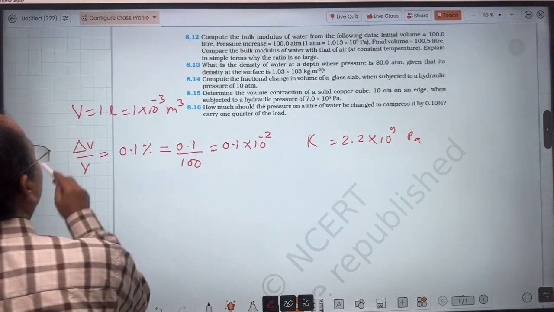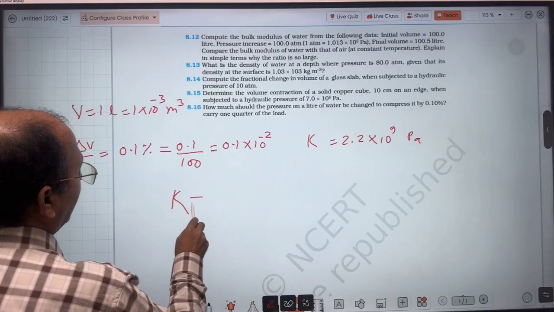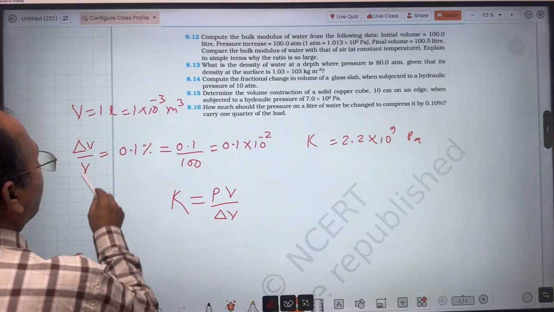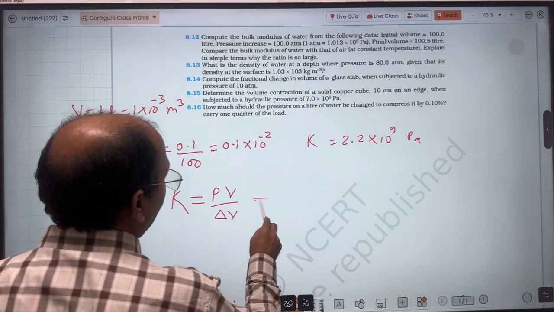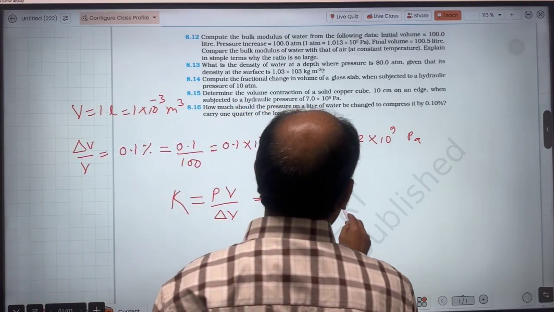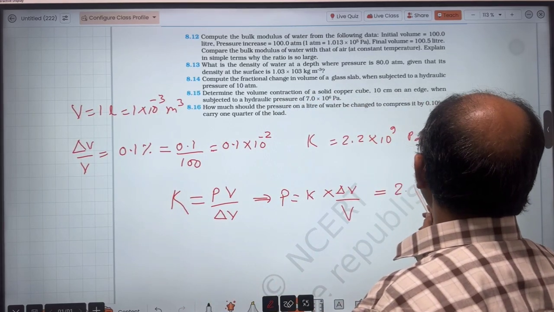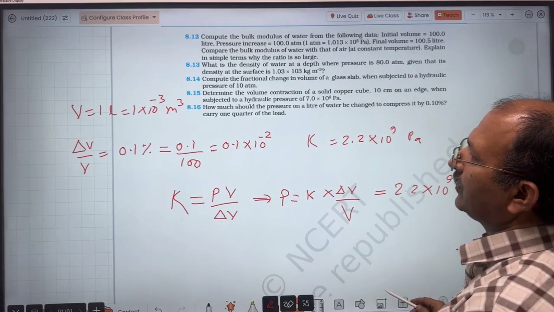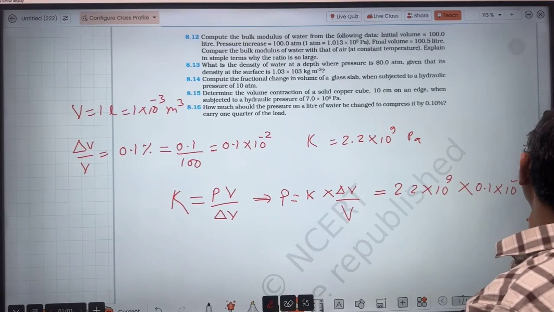So now we have information delta V upon V, K, we need P. So we know the formula K equal to P V divided by delta V, and here we are given delta V upon V, so we just need P. So we can write like this: P equals K times delta V upon V. Let's put the values: 2.2 into 10 to the power 9 into delta V upon V, that is 0.1 into 10 to the power minus 2.